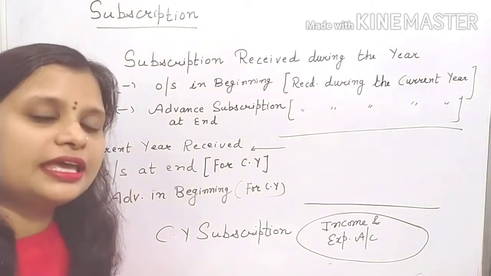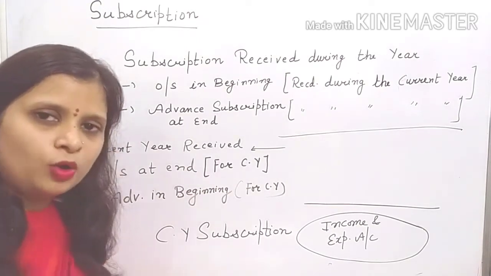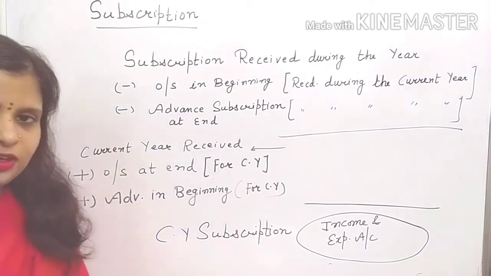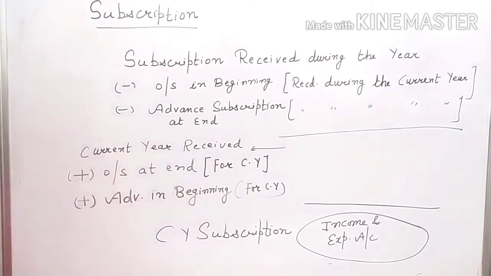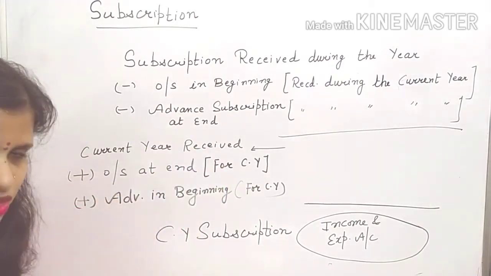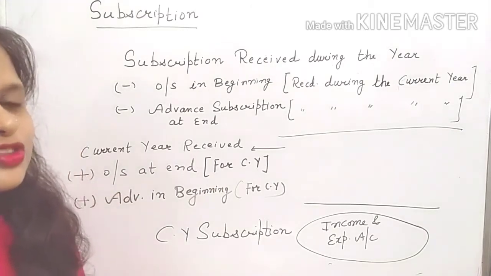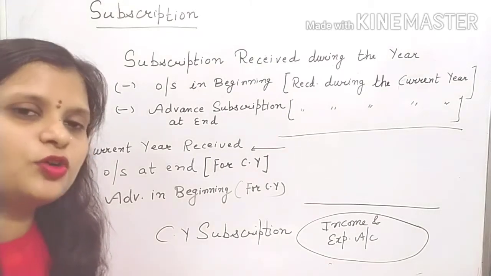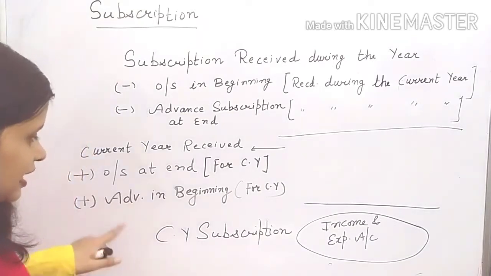But in the income and expenditure account we have to show not only the subscription received, but whatever amount belongs to the current year. So if some subscription for the current year is still to be received, that means outstanding at the end, that will be added. And it is also possible that some subscription for the current year was received last year, that means advance in the beginning, that will also be added.